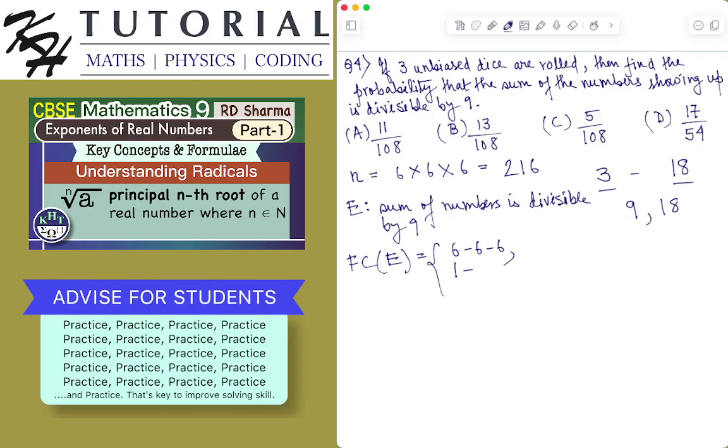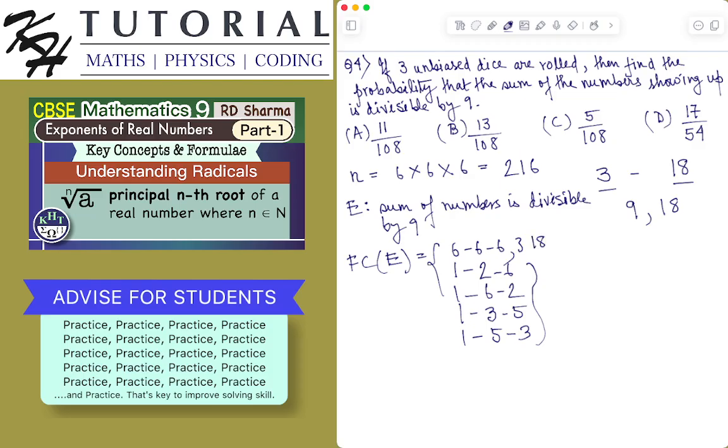So we can have 2, 6, also 6, 2, and we can have 3, 5 and 5, 3.